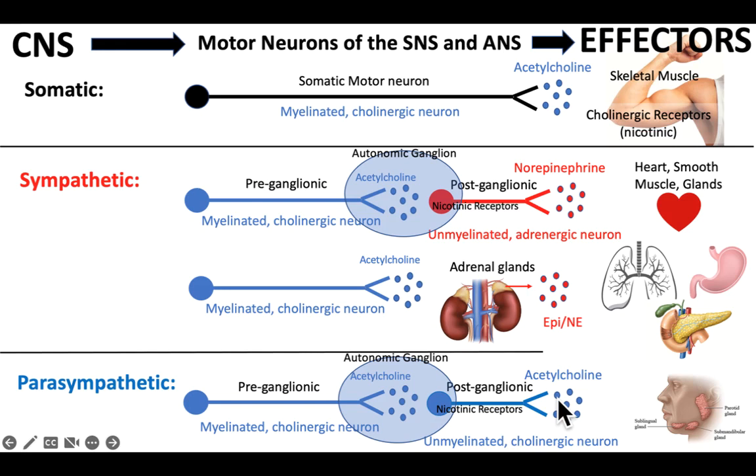So now that heart knows, if I'm in a fight or flight, I need to speed up because norepinephrine and epinephrine are telling me to speed up. When I'm at rest, that goes away, and instead acetylcholine is going to tell me to slow down.